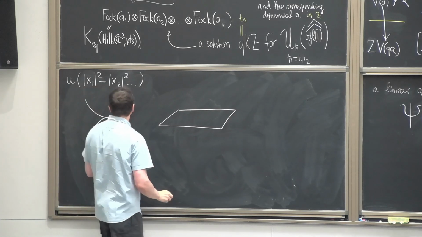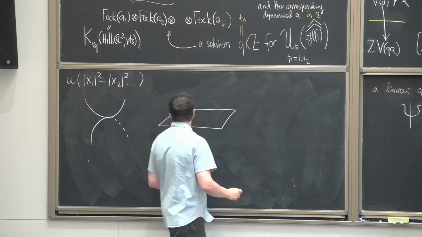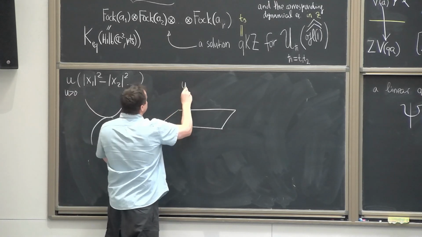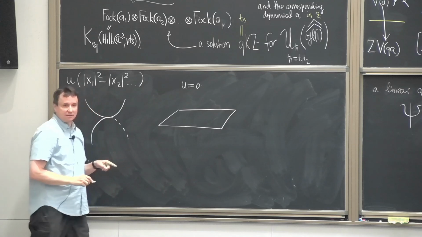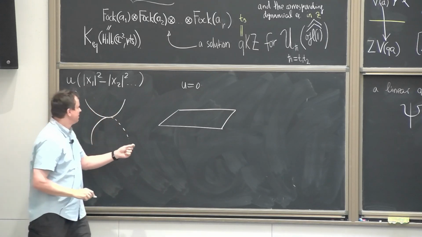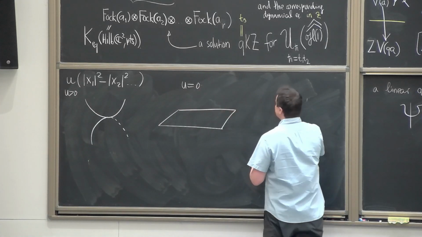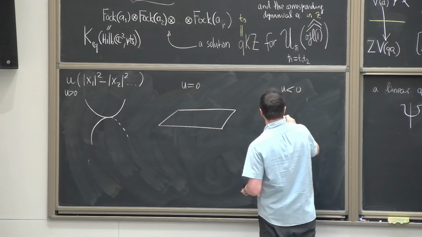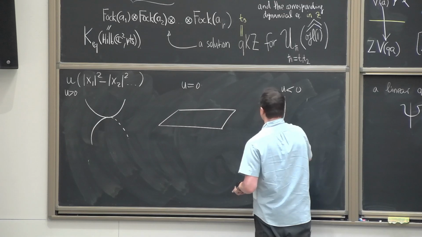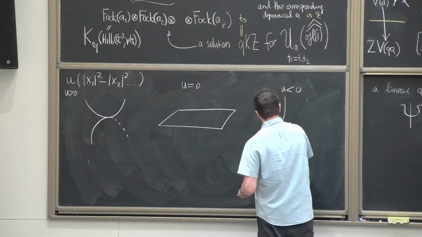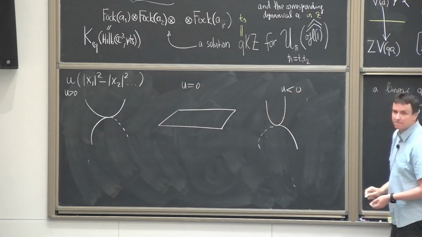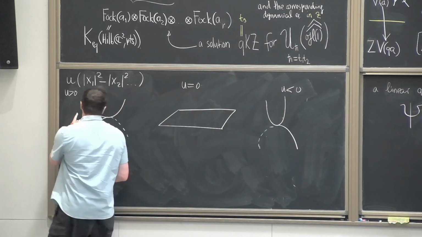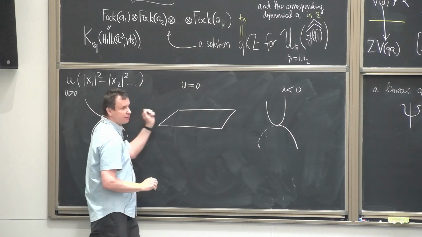For u bigger than 0, it will look like that. For u equal to 0, it becomes flat. And for u less than 0, it curls in the opposite direction. And so you want to have a map from here to there going through here.